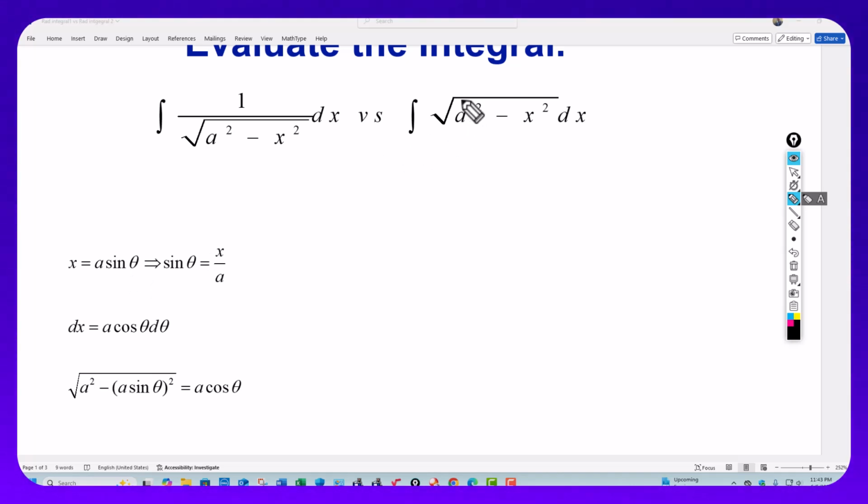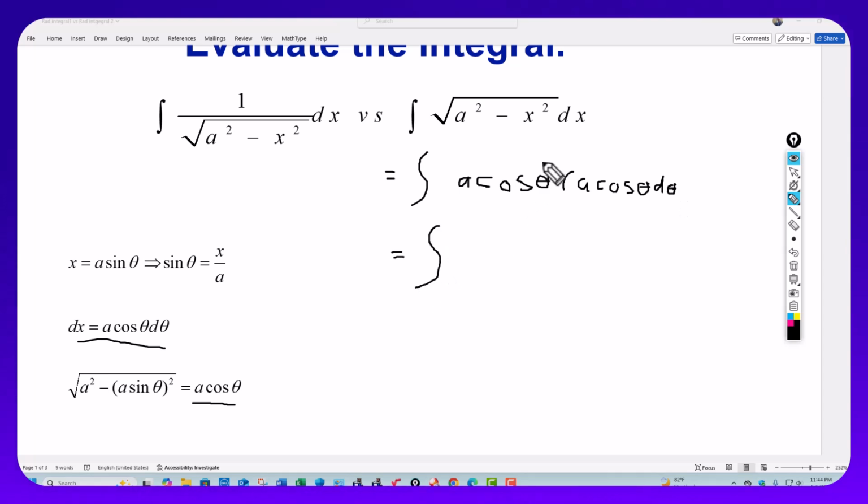We're going to find the value of this integral using the same substitution, because we have the same setup, except it's in the numerator. So this is going to equal the integral of, same thing here, right? Plug the values in, for the radical you're going to get a cosine theta. And then for the dx, you're going to get a cosine theta d theta.